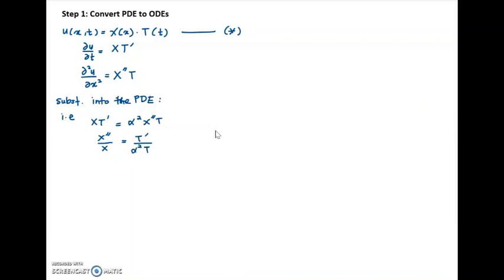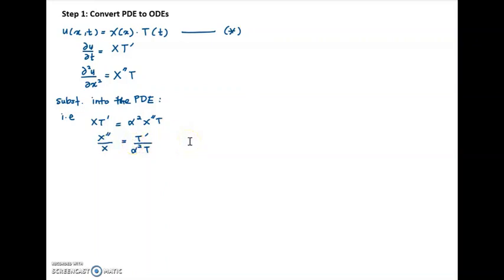The same justification as before. These two terms at the left and at the right will be equivalent to each other only if they are both constants. Otherwise they should not be equal, because at the left we have a function in terms of x only, and at the right we have a function in terms of small t only. They will never be equivalent unless they are constant.